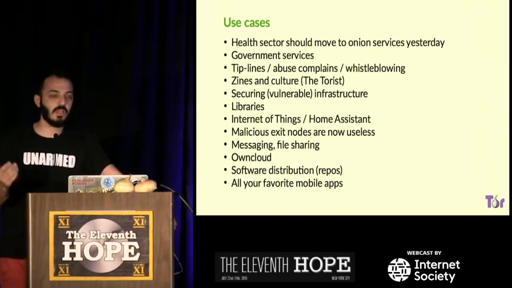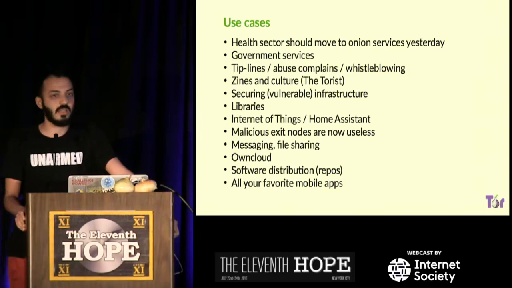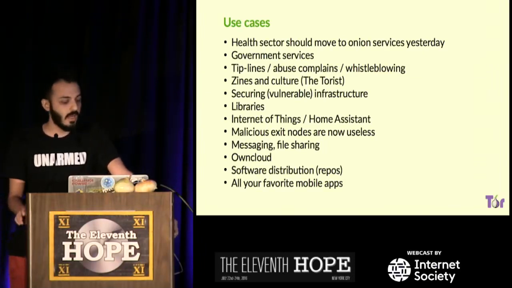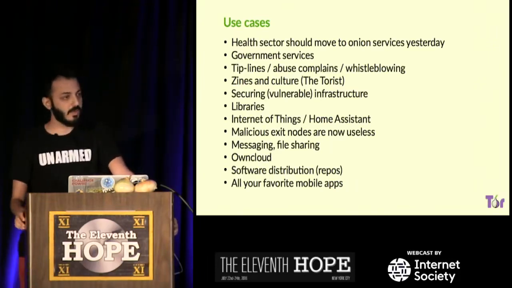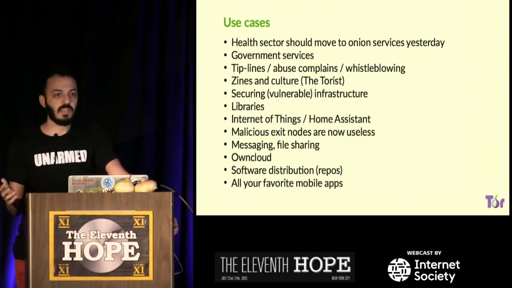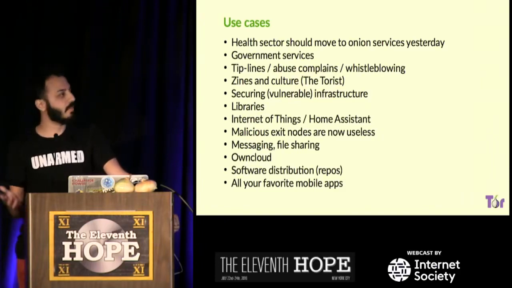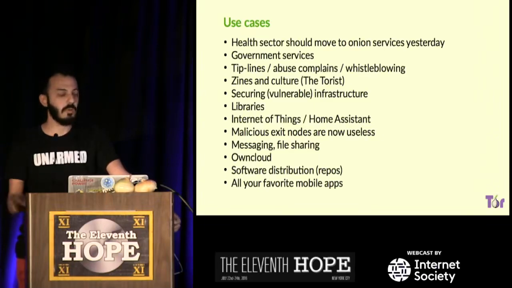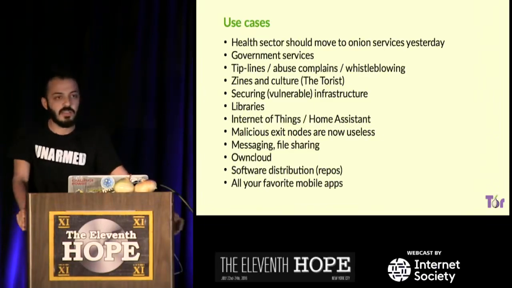We've heard about the OPM hack and all of the different things. There are tip lines, abuse complaints, and whistleblowing platforms. You all know about SecureDrop and GlobaLeaks. There is a magazine that is only available over Onion, and some artists also dropped their whole album on Onion addresses, so if you wanted to download the album, you had to go to the Onion address.